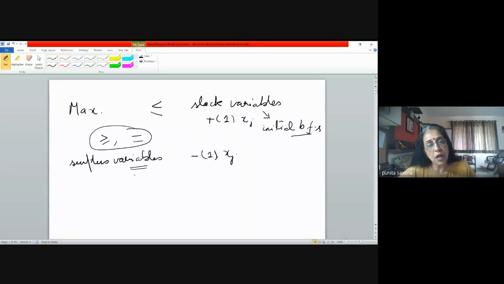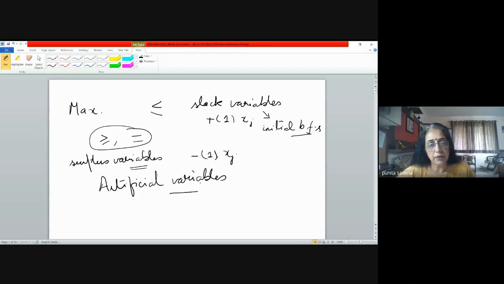The question now is what to do when we have more than or equal to and equal to type constraints. So the researchers introduced another class of variables apart from slack and surplus, and they called them artificial variables.